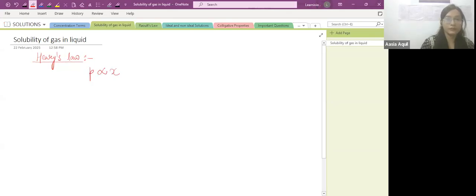This is known as Henry's law. If this proportionality sign is removed, what you will get? P equals KH into X. And what is KH here? KH is Henry's constant.